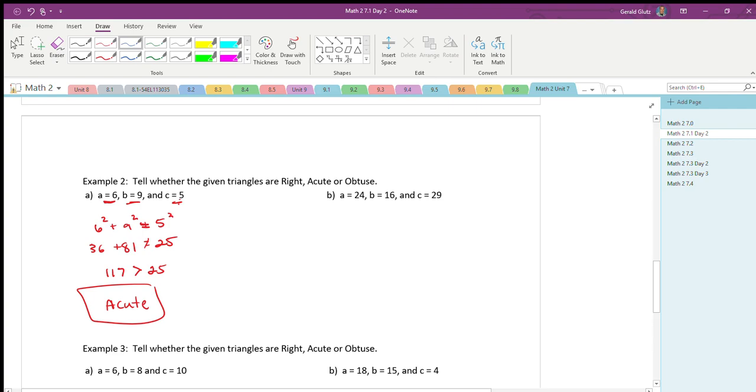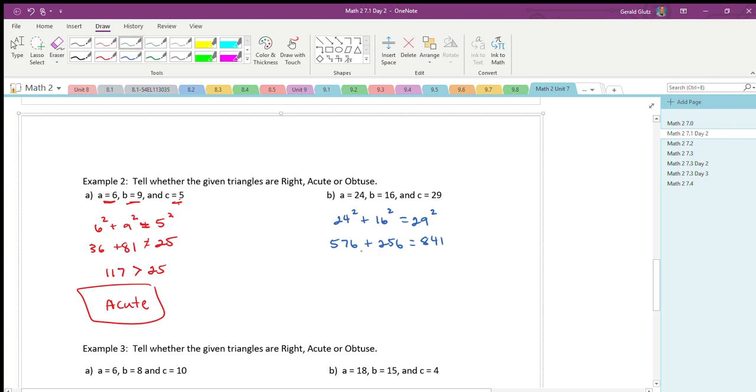Next, on part B, a squared plus b squared equals c squared. So 24 squared is 576, 16 squared is 256, and 29 squared is 841.